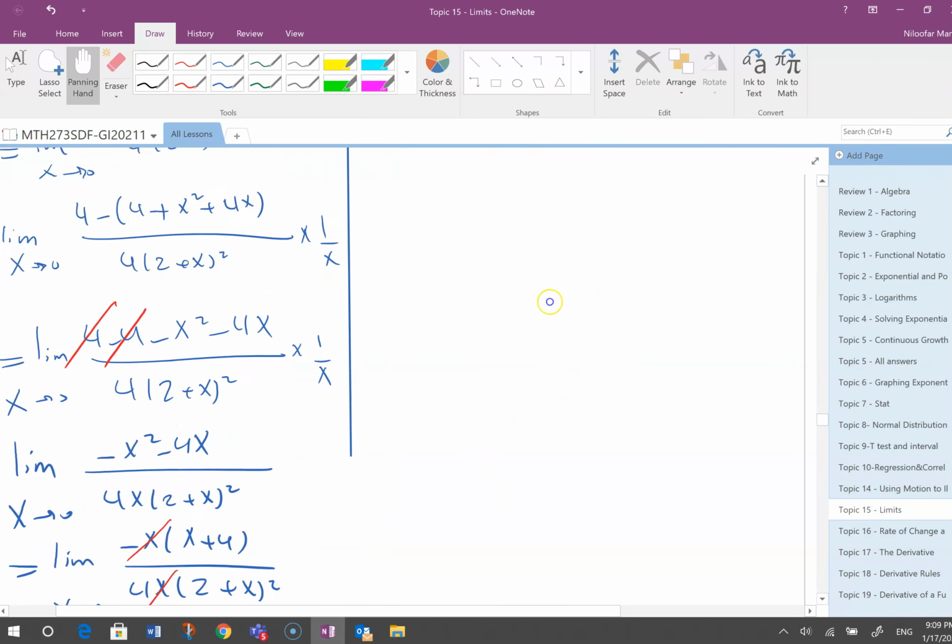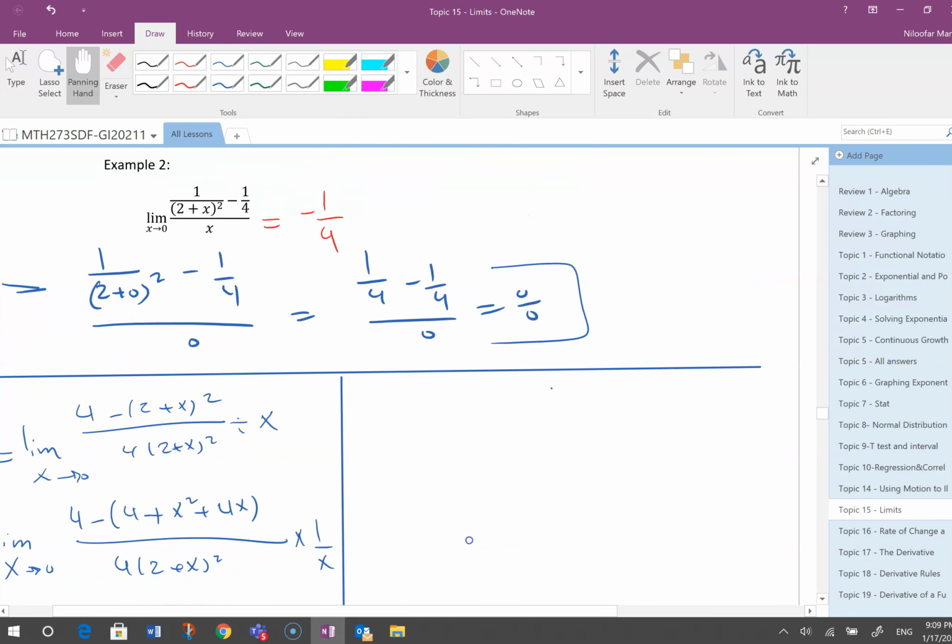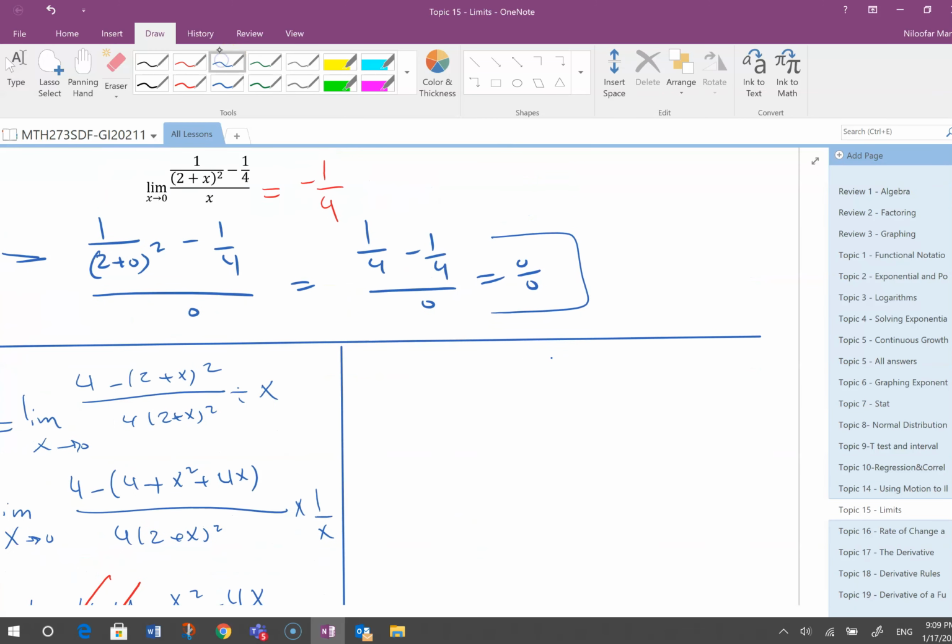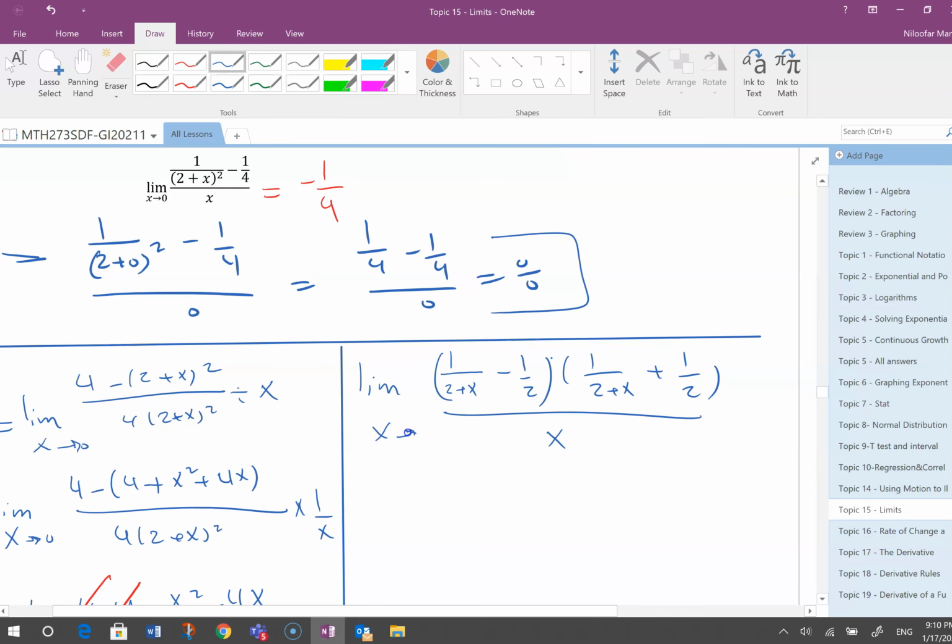Okay, the other method. I have 0 over 0, but then I notice I can factor the top. Oh yes, it is (1 over (2 plus x) minus 1 over 2) times (1 over (2 plus x) plus 1 over 2), divided by x, as x goes to 0.